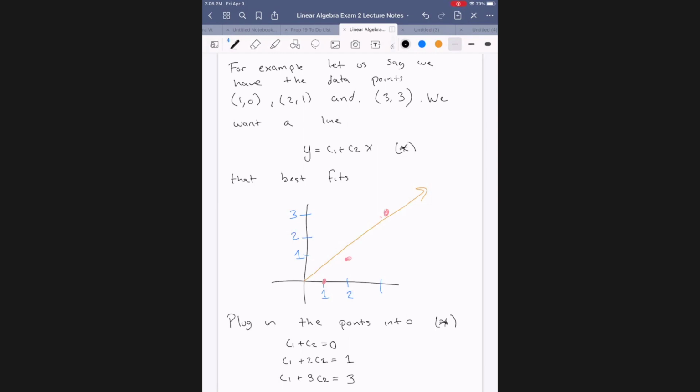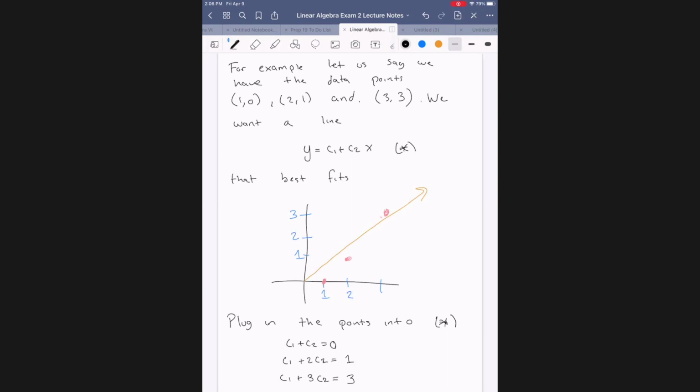However, that won't stop us from finding the best line, okay? So just by the way, if there was a solution, what would that mean in regards to the line? It means that there's one line that literally crosses all 3 points.